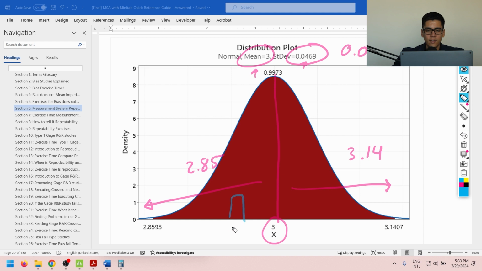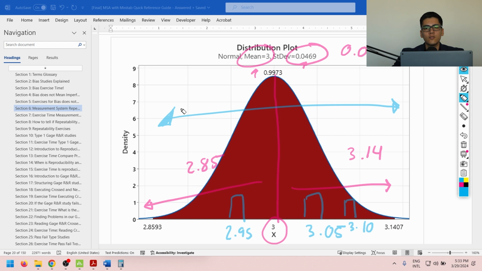I could then wait, let's say 1 or 2 hours, and give that exact same part to Carlos, and Carlos might tell me that the part now measures 2.95, which is within this range. And then I can wait another 30 minutes, and Carlos is going to tell me the part measures 3.05 and maybe 3.10, and I can keep going. But Carlos will never exceed this range. That is his 3 sigma standard deviation range based on the real world part value.